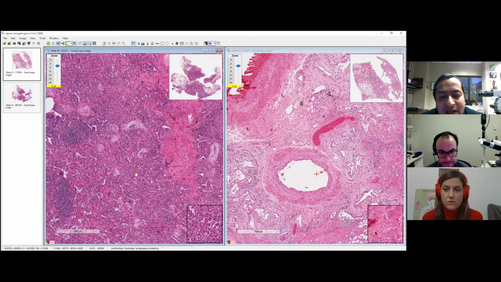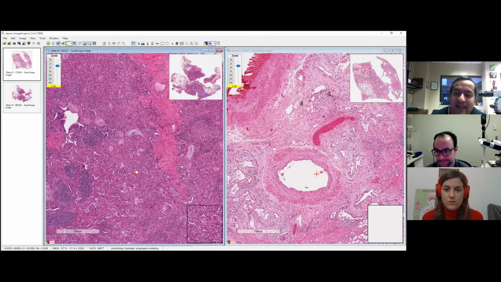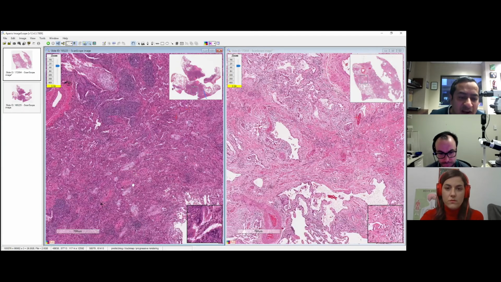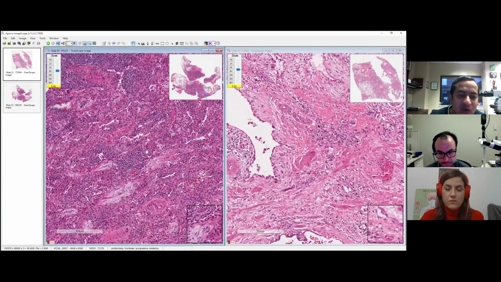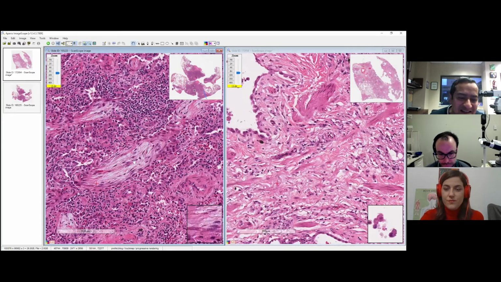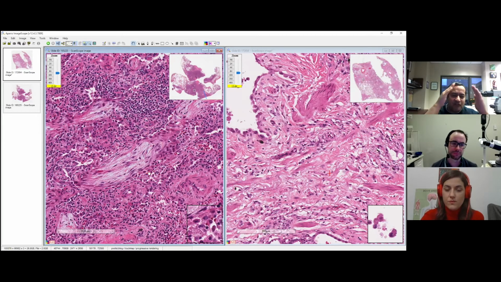And then we come to the airspace versus interstitial question, and that's where I think the confusion starts. If you look very closely at a fibroblast plug, you can almost never tell that it's purely airspace. You can convince yourself that it is in the interstitium and that the space next to it is the airspace. So you almost have to infer airspace location by the shape of the thing rather than by actually looking at the interstitium.